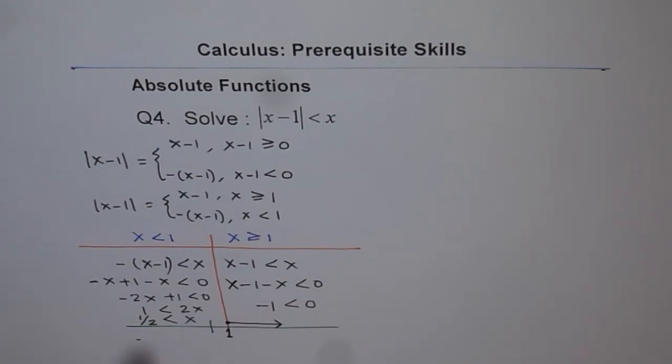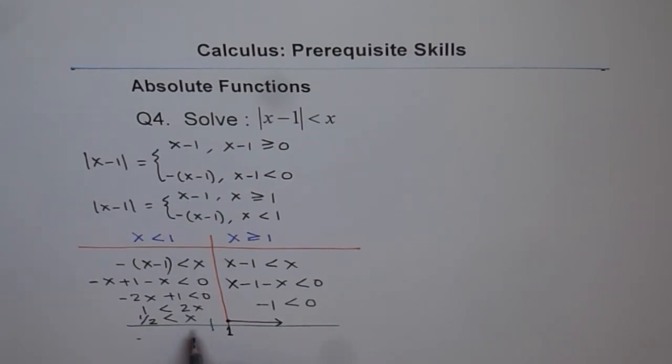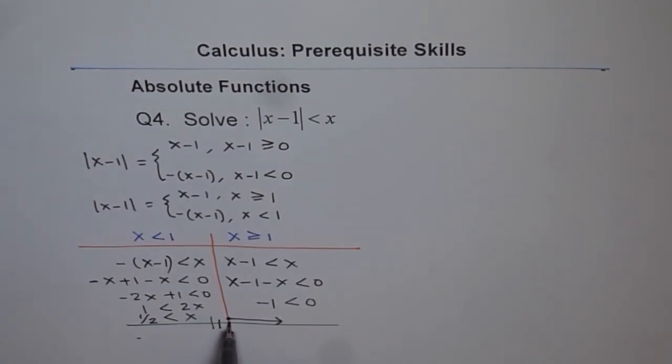That means from greater than half to 1, this inequality is true, correct? That gives us another set of solutions: on the number line, let's say this is our half, so I'm drawing a small line here, up to this point.